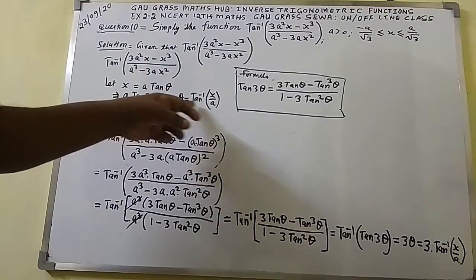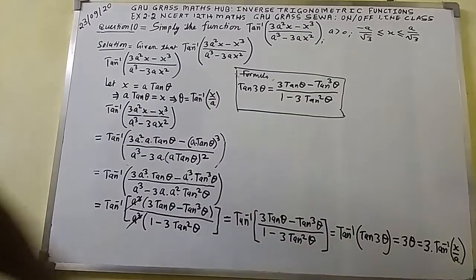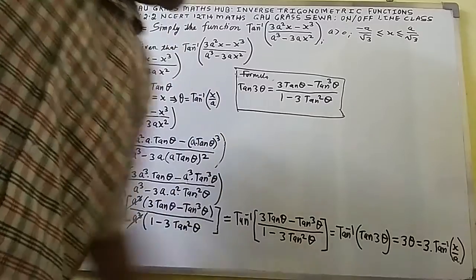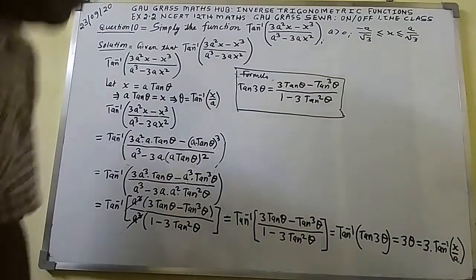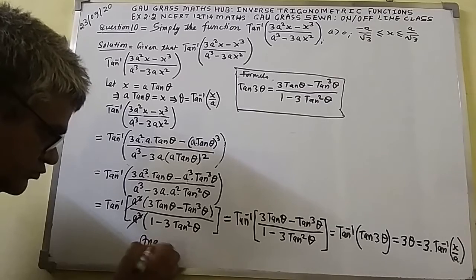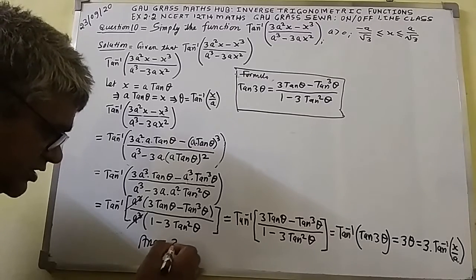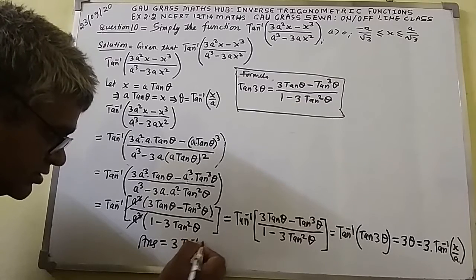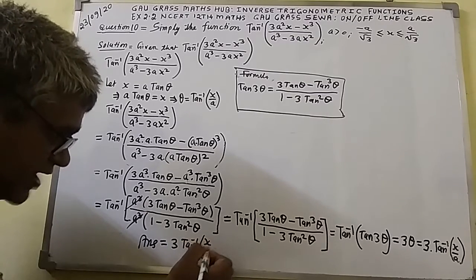Here you can say theta equal to tan inverse x by a. So in place of theta, I can write tan inverse x by a. So the last answer will be 3 tan inverse x by a.